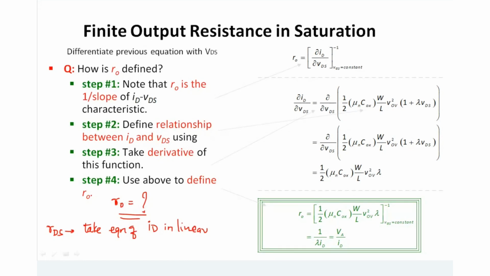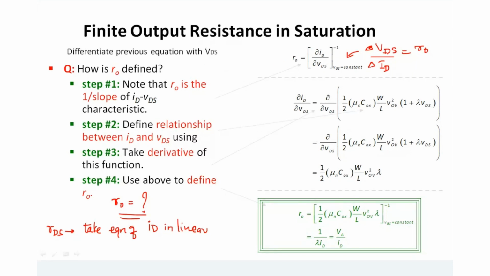Now to calculate R naught, R naught is nothing but a small change in VDS for a small change in ID, that is delta VDS by delta ID, and that's what is written over here, the reciprocal of dID by dVDS. Why am I taking ID by VDS? There's a reason, because I need to start my entire analysis with my drain current.